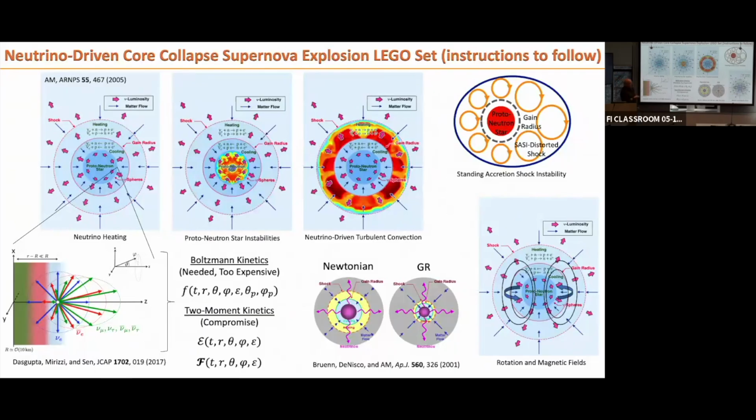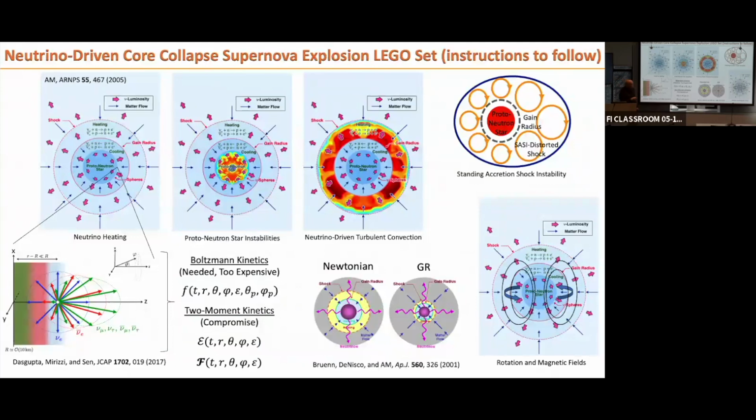It also acts obviously hydrodynamically, as does the neutrino-driven convection. Those upward plumes are punching against the shock, so they have a hydrodynamical impact. And one of the things that happens here too is heating depends on the neutrinos. The neutrino flux away from the source falls off as 1 over r squared.